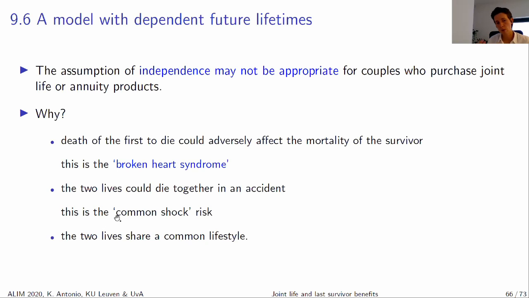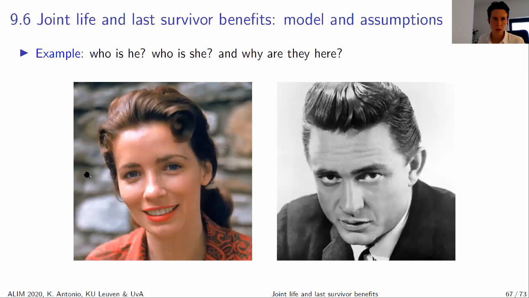And then, of course, an important argument is often that we say that the 2 lives share a common lifestyle, so we cannot assume that their lifetimes are independent because they have similar characteristics, similar level of education, similar living attitude and standards and so on. So this is often given as an argument against this assumption of independence.